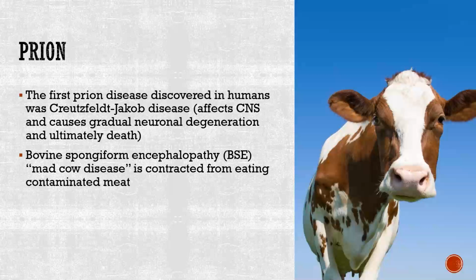Another big prion disease is BSE, or bovine spongiform encephalopathy, often known as mad cow disease. So this one is contracted by eating contaminated cow meat that has the misfolded proteins. You eat it, and then it causes neurological disorder issues, okay? So prions can either come from your own body, of you making misfolded proteins, or they can come from outside and be contracted as well.